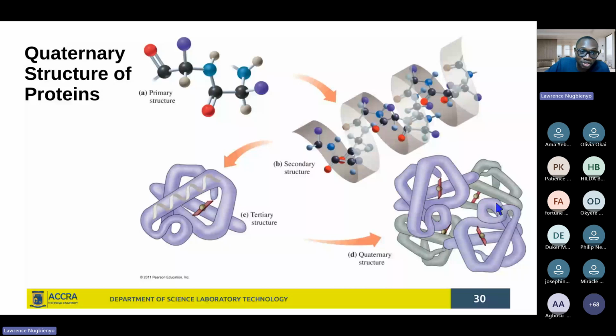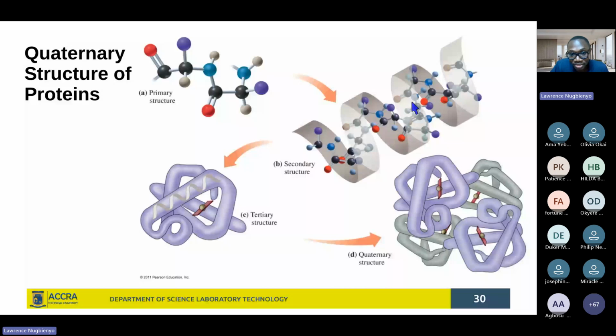The slide is just showing you how from a primary structure where you have a sequence of amino acids in a peptide chain, from there, forming a secondary structure, which can be an alpha helix. Of course, you can also have beta sheets.